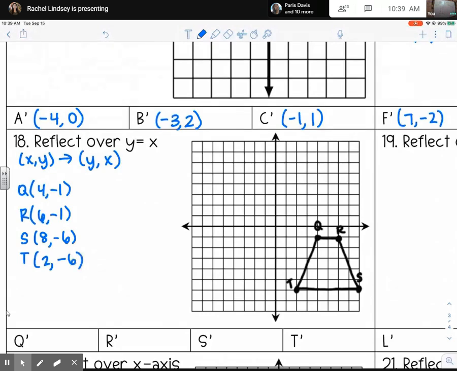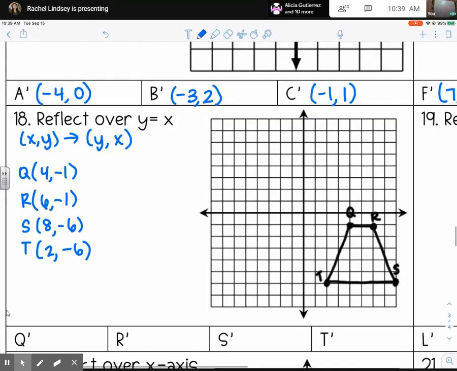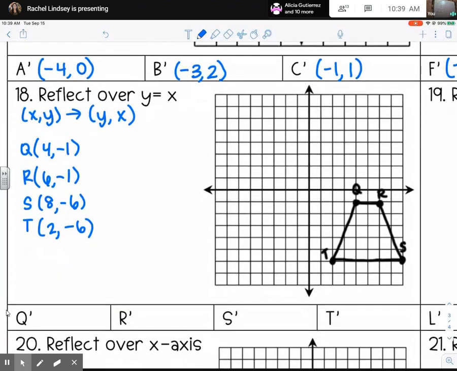I wrote out all of my original coordinates. Again, you can use patty paper. You don't have to write out the coordinates like I do, because I'm visual, I have to be able to see it. So I'm going to flip x and y, so Q prime is at (negative 1, 4).